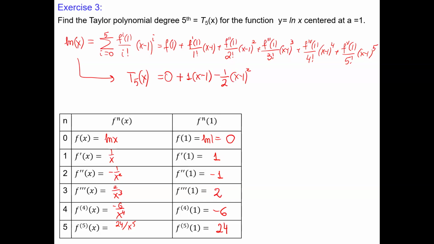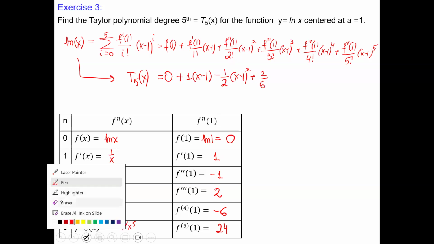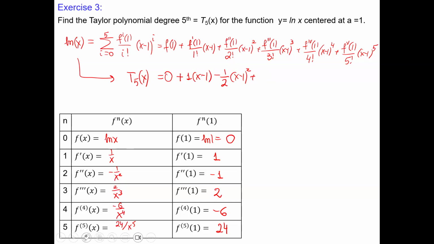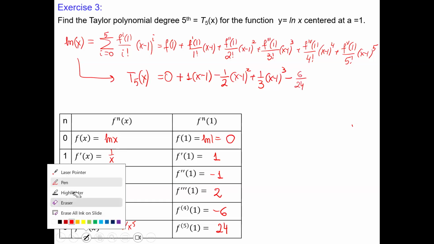The third derivative is positive 2, and positive 2 over 3 factorial, which is 6, is 1/3. That's the calculation: 1/3 times x minus 1 cubed, and then minus 6 over 24, which is 1/4.